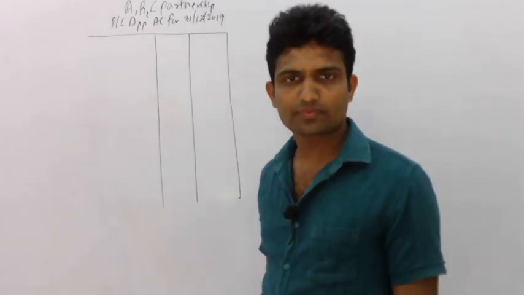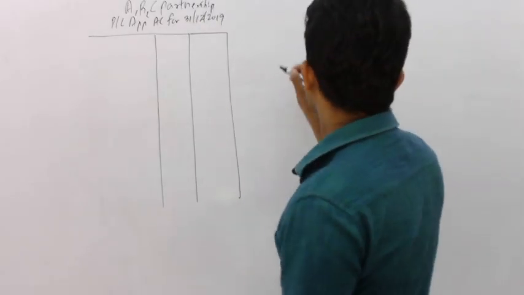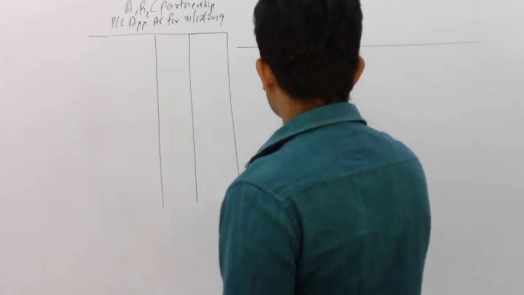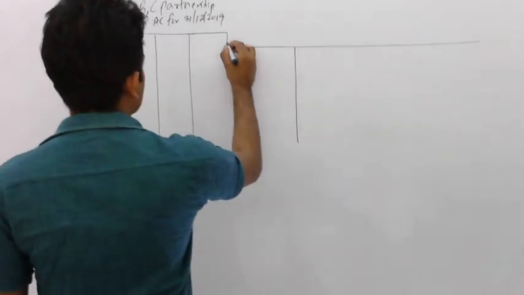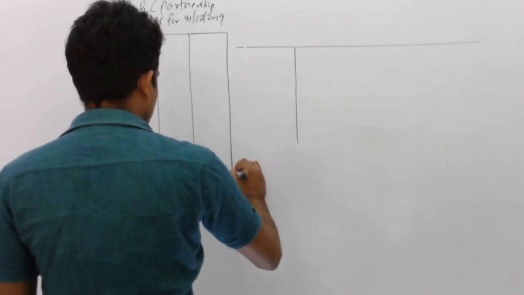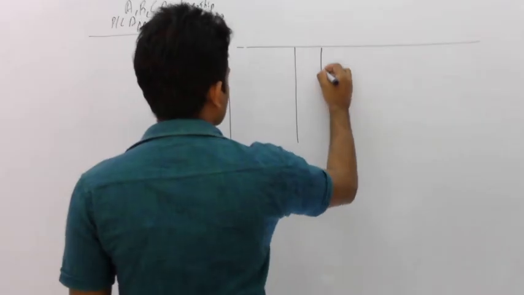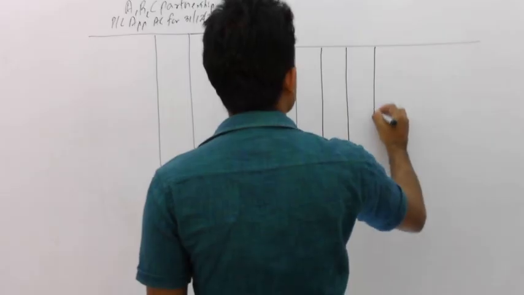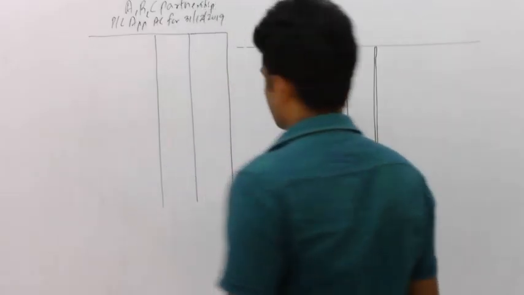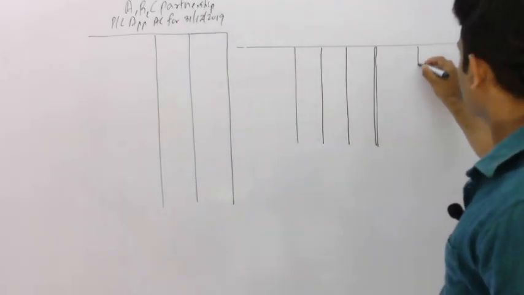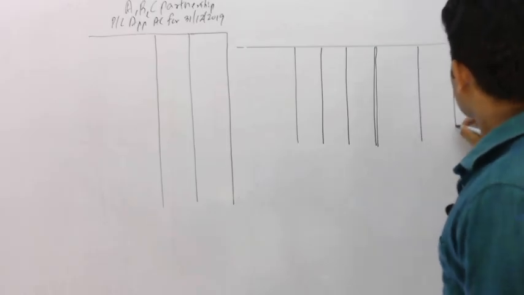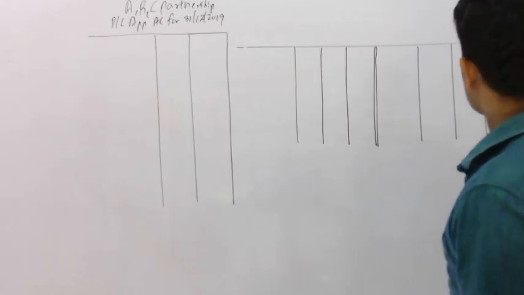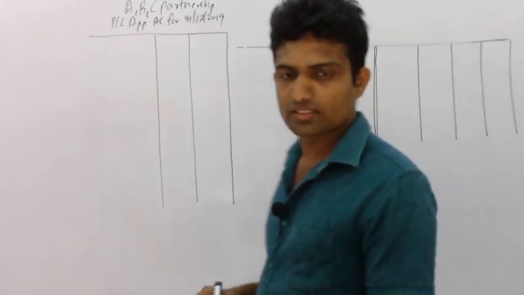Then this is the current account of partners.